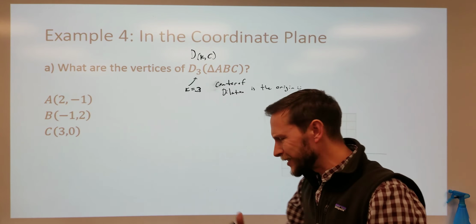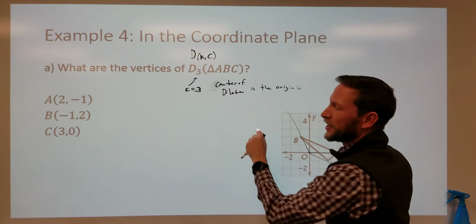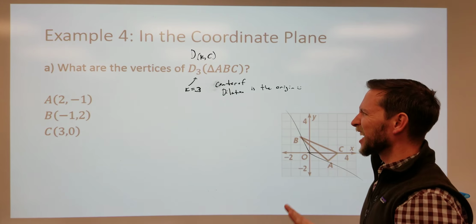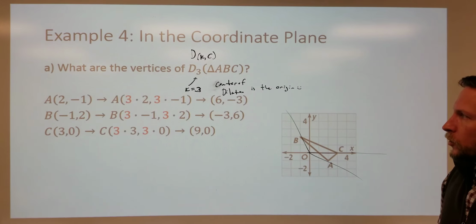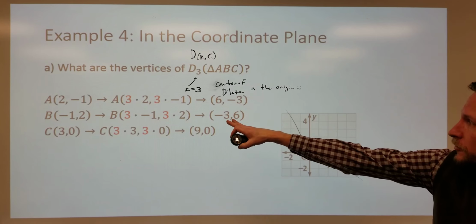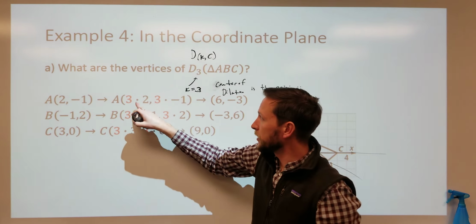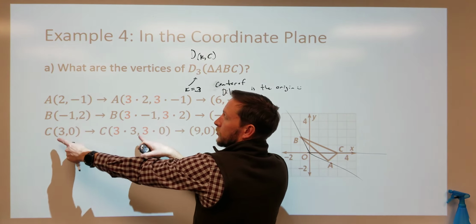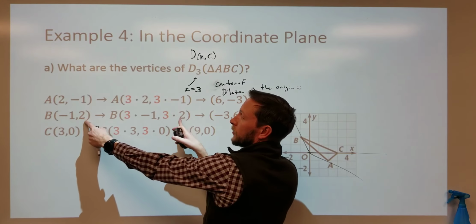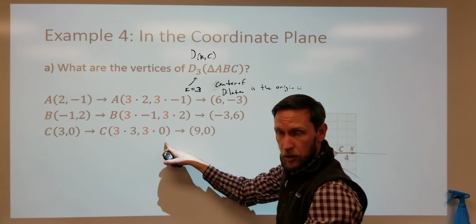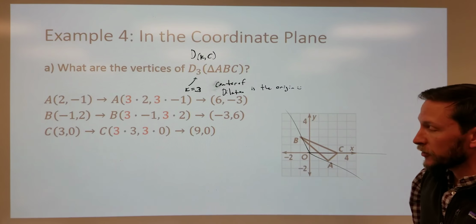And so that's what makes this go a little bit easier if we have our center of dilation on the origin. All right? So when we do that multiplication, you can see the scale factor 3 is in red. So follow along there. 3 times this 2, 3 times this -1, 3 times that 3, 3 times that -1, 3 times that 2, 3 times that 0. And that gives us a new set of points.